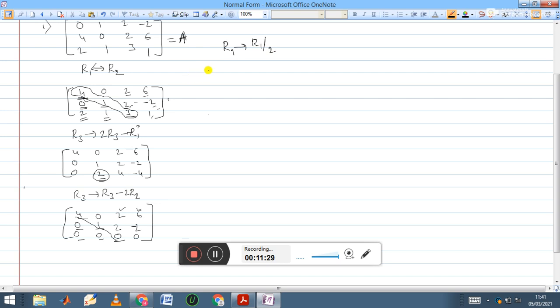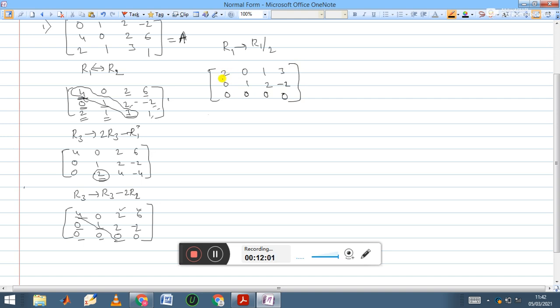Then your resultant matrix becomes 4 by 2 gives 2, 0 by anything is 0, then 2 by 2 gives 1, and 6 by 2 gives 3. Then your second row and third row as it is: 0, 1, 2, minus 2, and third row 0, 0, 0, 0.